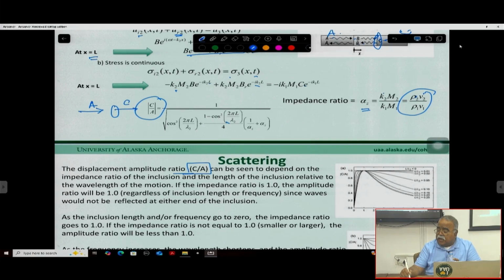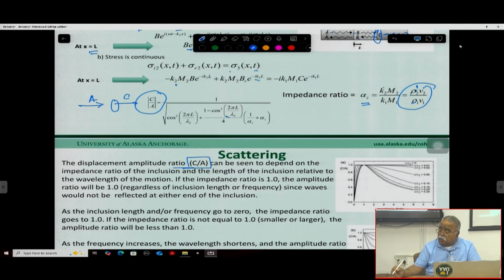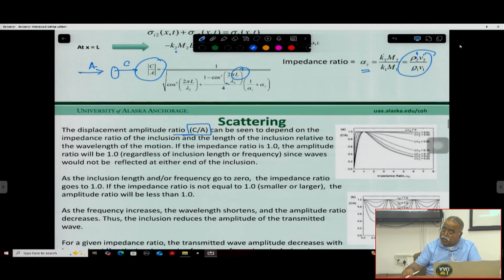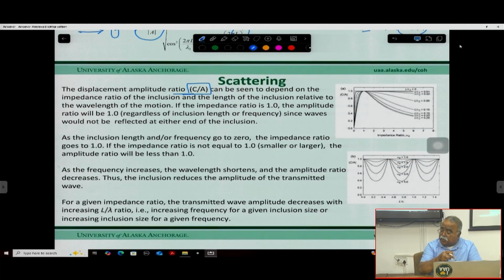So that means C by A, that's the displacement ratio, depends on the impedance contrast, right? Whatever you write, it basically depends on the impedance contrast, and the inclusion of the relative length is important. So what is the length and what is the impedance contrast? These are the two things we are trying to measure, and based on that, last time we talked about the quality factor or the attenuation part.